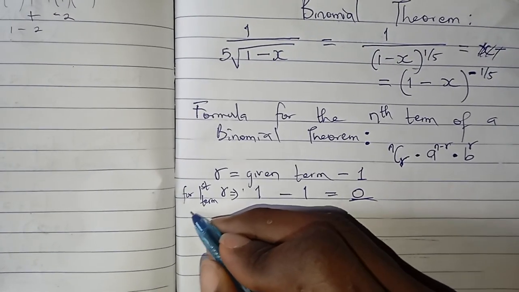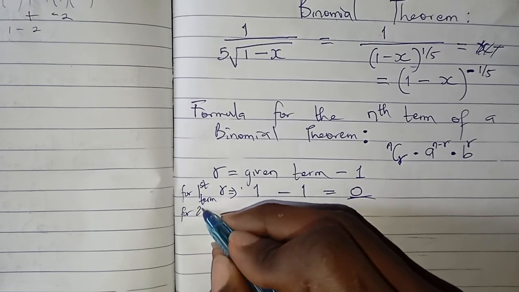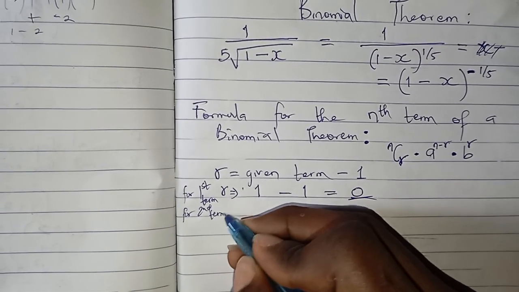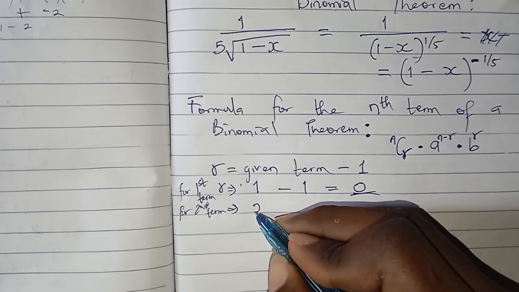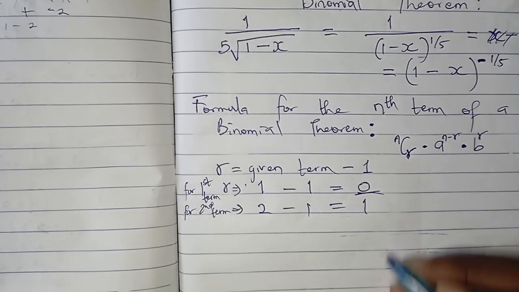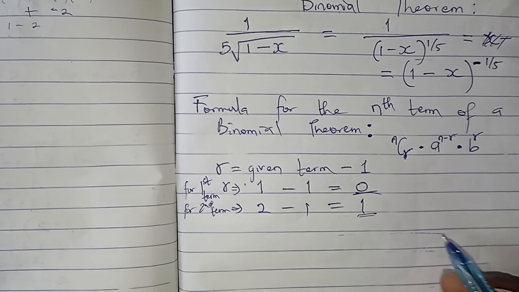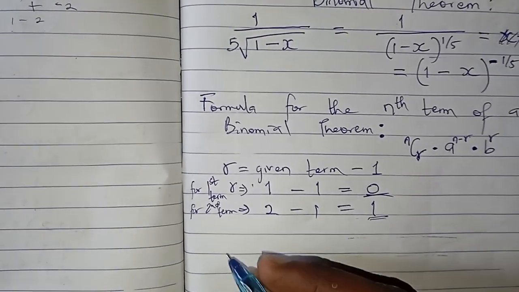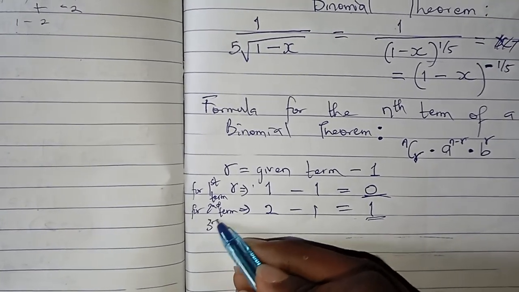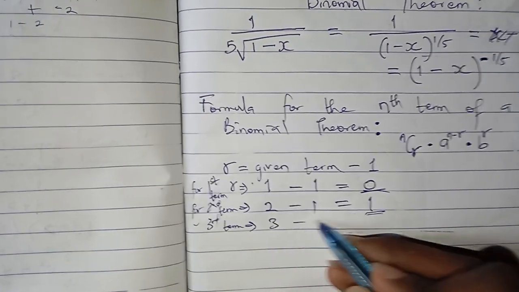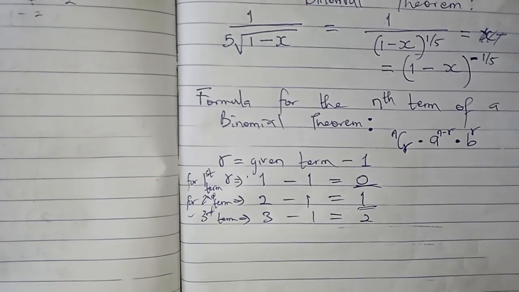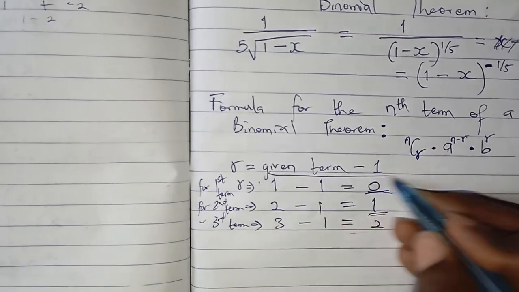Then for second term, second term means 2, so 2 minus 1 will be 1. So for second term, r is 1. You need to know for the third term, r will simply be 3 minus 1, which is equal to 2. And so you need to know this formula.